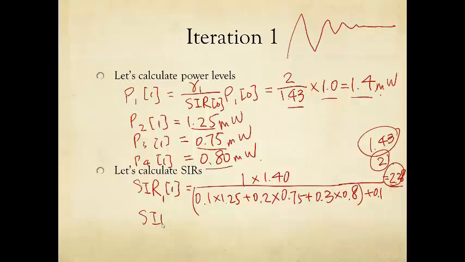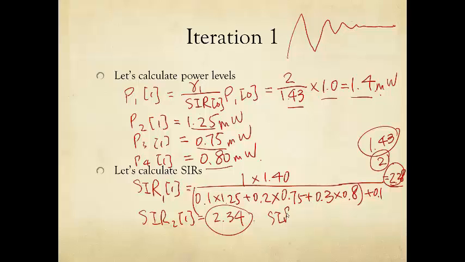Let's finish this calculation. The second user at iteration 1 has an SIR of 2.34, which is bigger than the SIR at the last iteration, which was 2, but not big enough yet. The target is 2.5. So expect that next round, the power for the second transceiver pair will still go up.